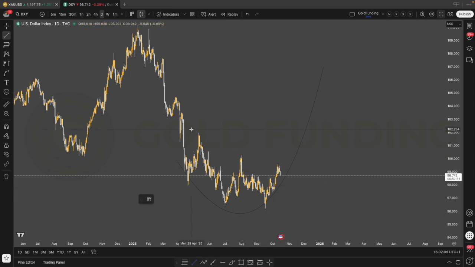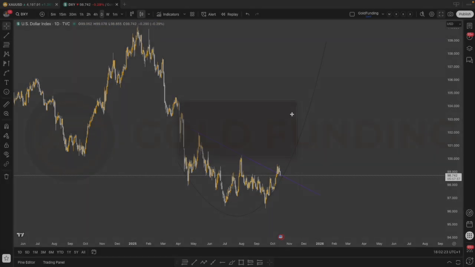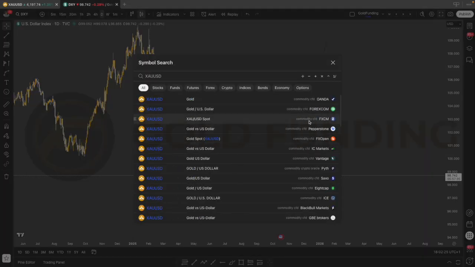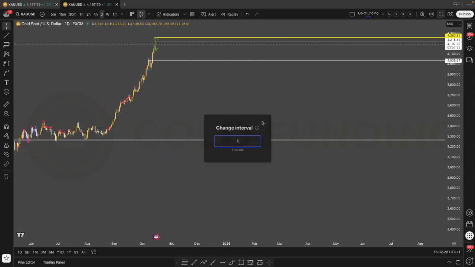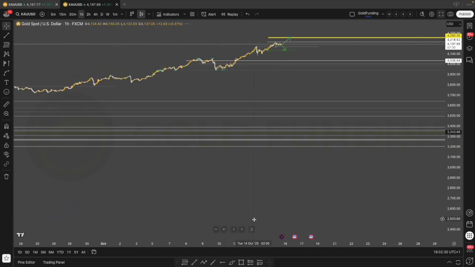I don't know if we're going to see it for a little while, but we are definitely getting close to seeing that take place. I'm not sure how high it will push up, but just keep in mind that there is going to be a correction coming for gold very, very soon.